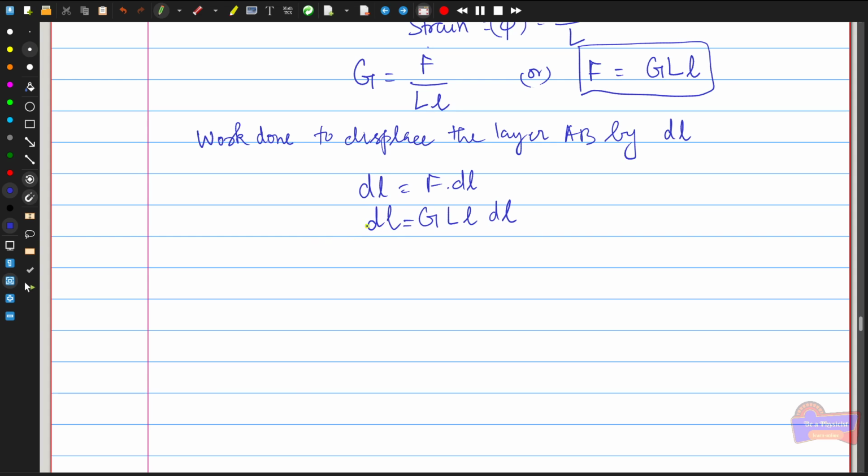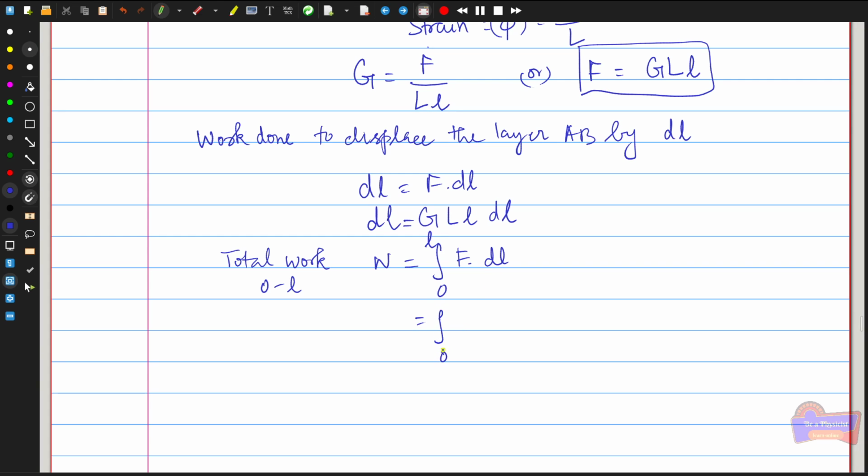And suppose I want to find out the total work, so I can take the limits from 0 to L. I can easily integrate this equation with the limits of 0 to L of F into dl. I know the value of F, so I can easily substitute here G capital L into l dl. Again, GL is a constant, so I can take it outside.